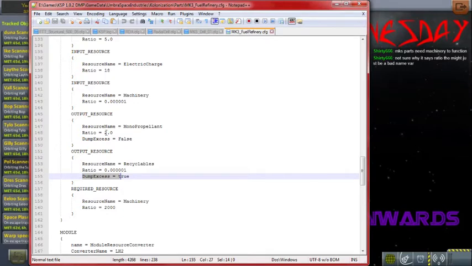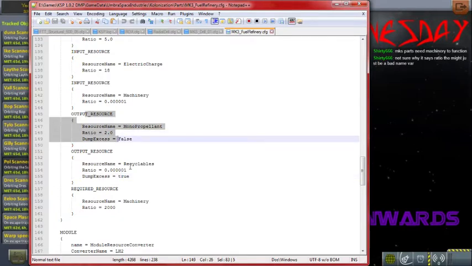So, dump excess for output resource basically means that if that one resource it's creating doesn't have space, it will dump what it doesn't have space for. If it's false, then it stops the conversion, but not permanently.